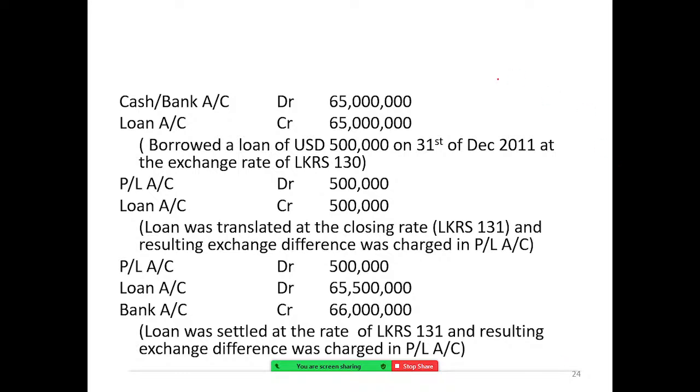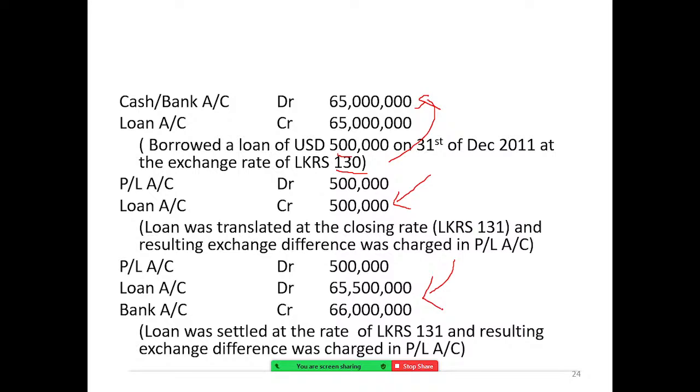Now, how to pass the journal entries? First, when they get the loan, they borrowed a loan of 500,000 US dollars on 1st of December at the exchange rate. So 500,000 into 130 is recorded, and the loss is recognized, and at the time of settlement the journal entry is like this.